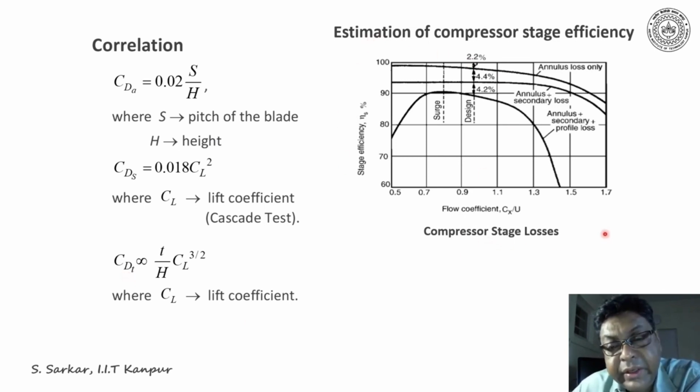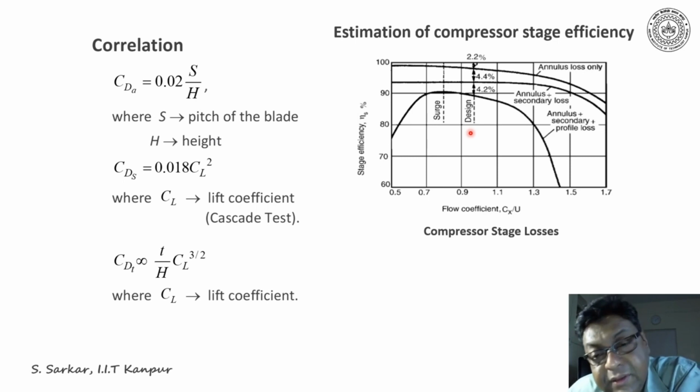Here in this figure, I have indicated the compressor stage losses and thus the estimated efficiency. At the design point, I have illustrated the proportional loss. Suppose the annulus loss would be 2.2% at the design point, the secondary flow loss would be 4.4%, and furthermore profile loss would be 4.2%.